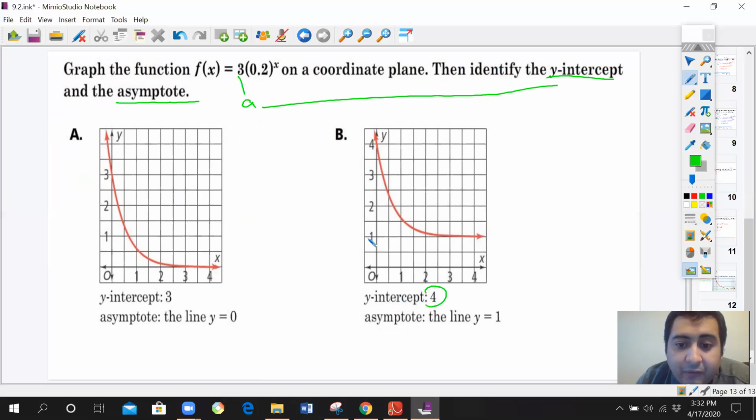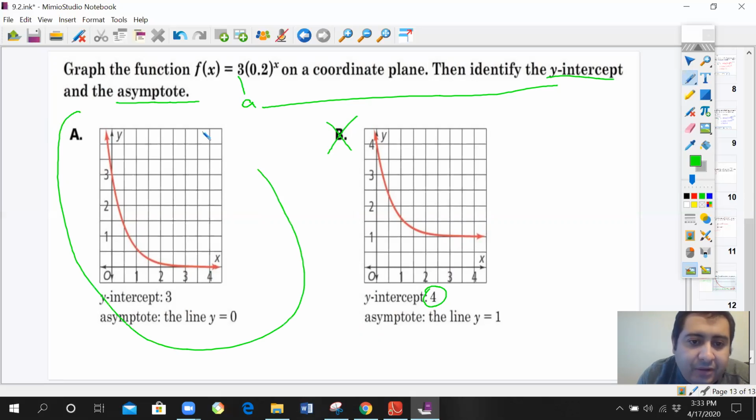It's not going at 4, so you could scratch out B. And by knowing those are the only two options available, the last option is A, where the y-intercept goes at 3, and the asymptote of the line is y equals 0 because it goes through here.